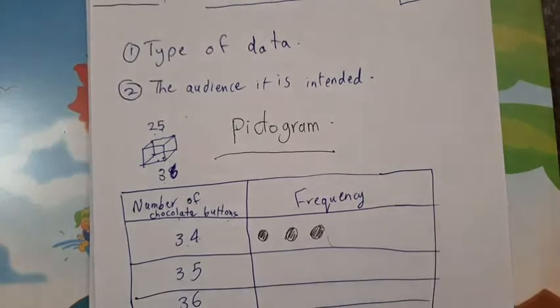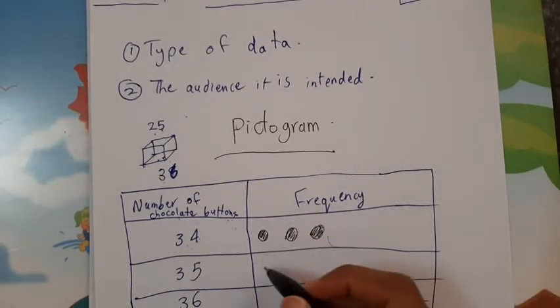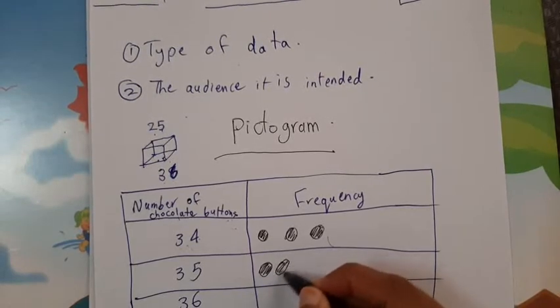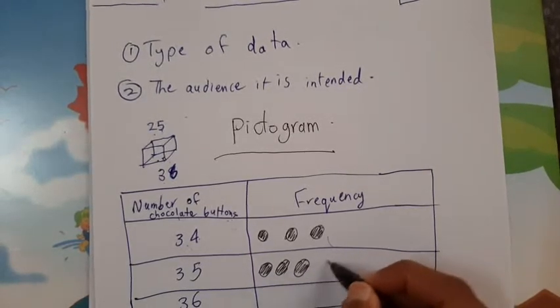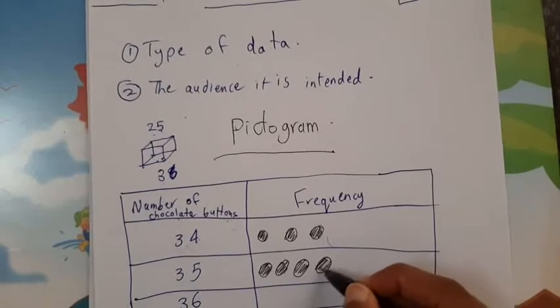And the packets that have 35 chocolate buttons were 4 packets, so I'm going to use 4 circles to show the number of packets.